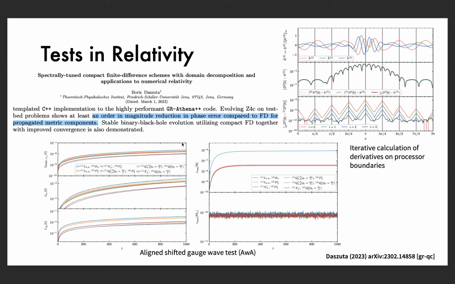I highlighted a sentence there from his abstract, which shows that he saw an order of magnitude reduction in the phase error for some of these tests for the metric components. He was using a 6th order compact scheme, and so I think there's some promise as we develop that.